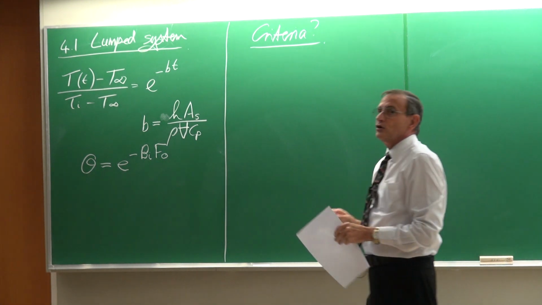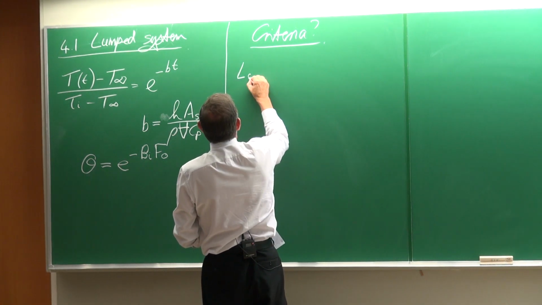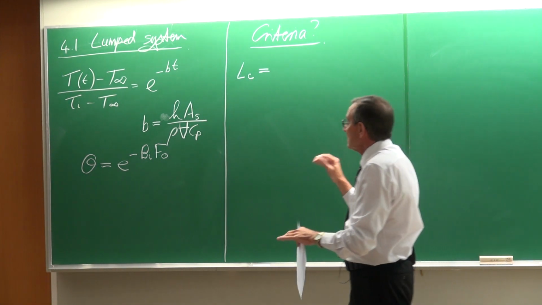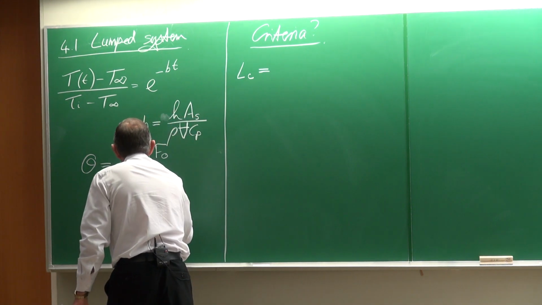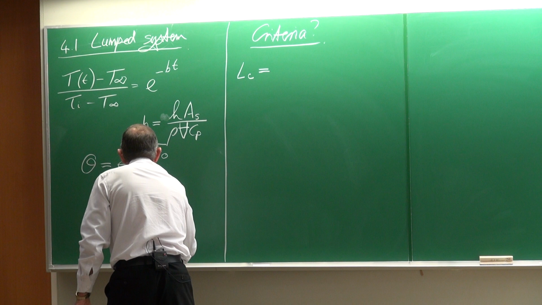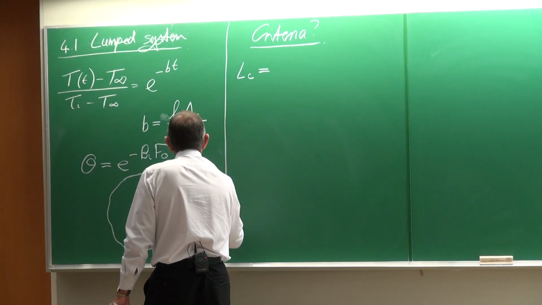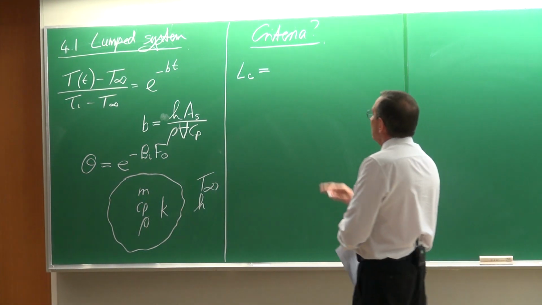To get to a criteria, we are first going to define a so-called characteristic length. Take an arbitrary body with a mass m, a Cp, a density, a k, etc., and it is exposed to an environment, T infinity, and a heat transfer coefficient.